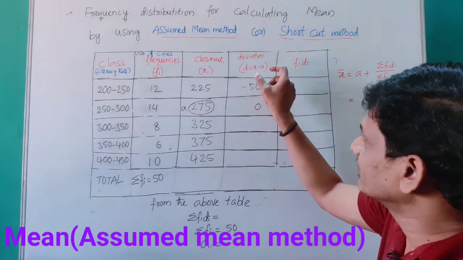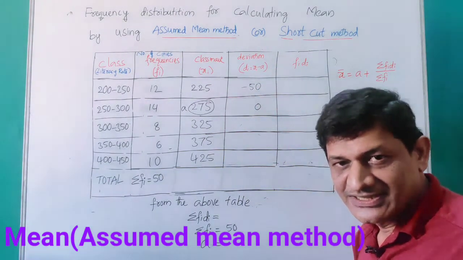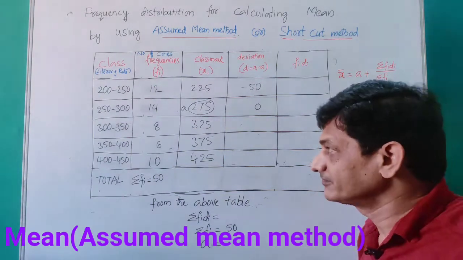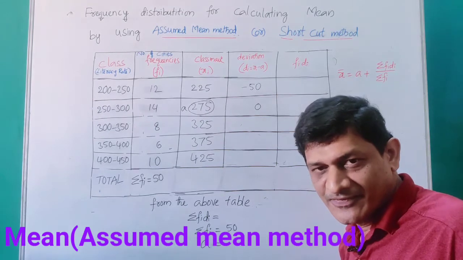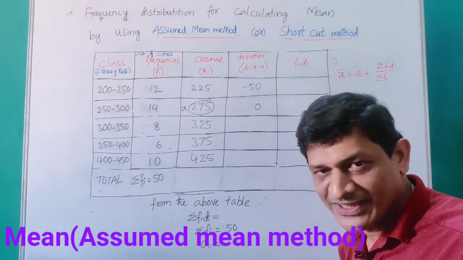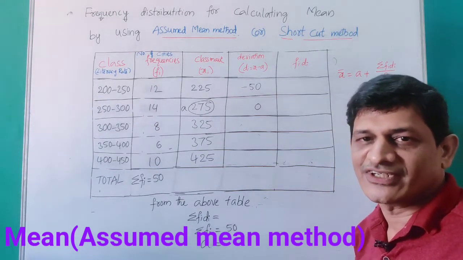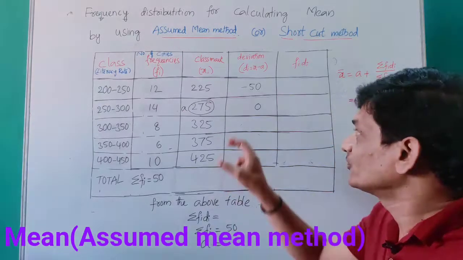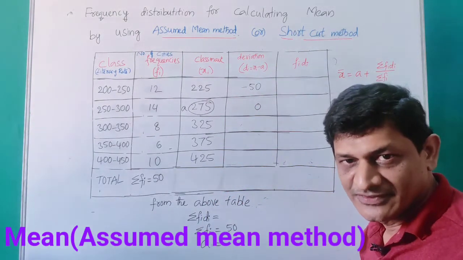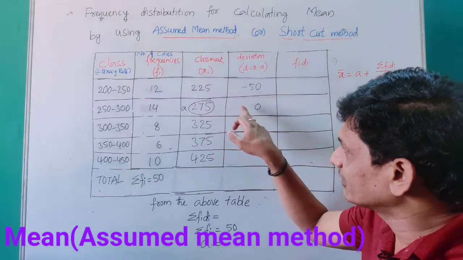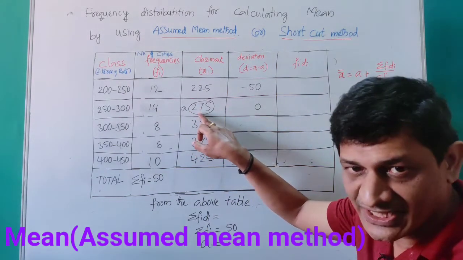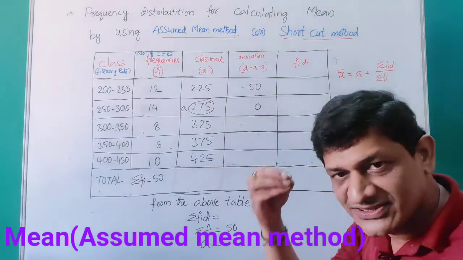But instead of doing this calculation, simply remember one thing. What is the size of the class here? 50, isn't it? So when the class size is 50, you just have to write the multiples of 50 to complete this column. First of all, the value of deviation against a should always be 0.